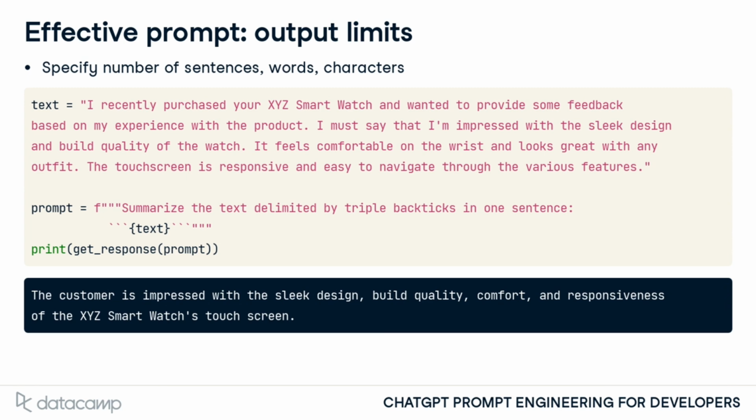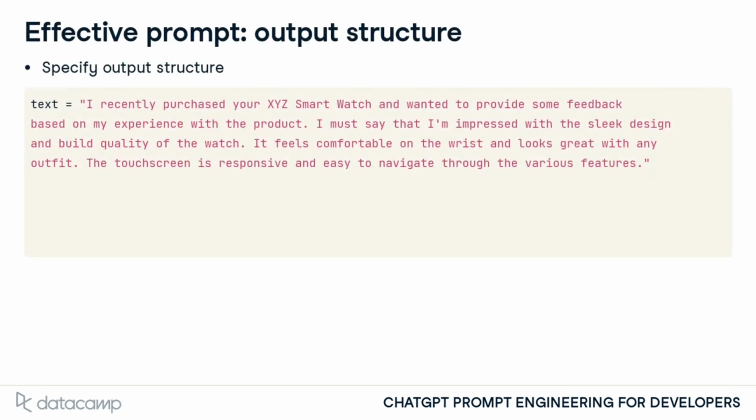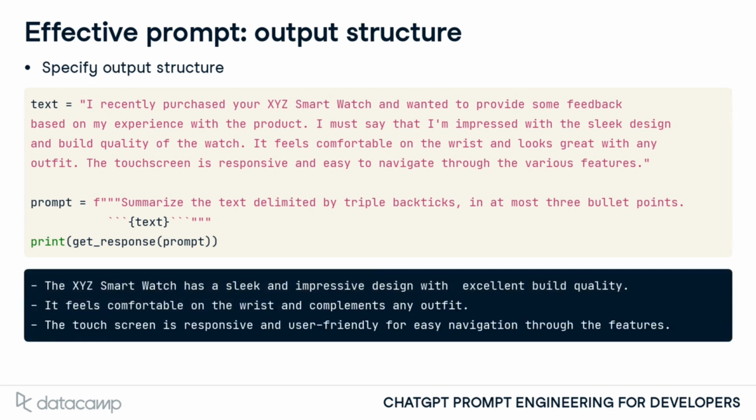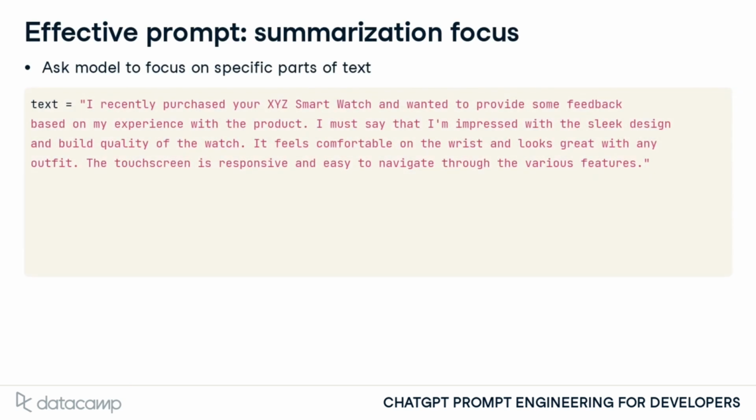the output. We can also specify the output structure by explicitly mentioning the format in the prompt. Let's try this by asking for 3 bullet points at most. Now, the output is a 3-bullet summary reflecting the qualities of the watch. Finally, we can ask the model to focus on specific aspects of the product review while summarizing.